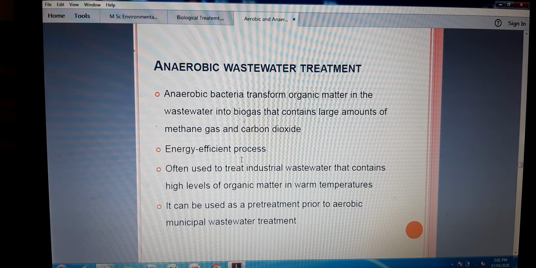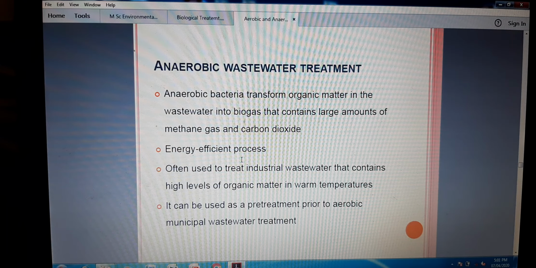So the main purpose of this anaerobic treatment is energy generation, that is the methane gas and carbon dioxide, and mostly it is due to anaerobic degradation by the bacteria. This particular treatment is an energy efficient process, often used to treat industrial wastewater that contains a high level of organic matter at warm temperature.